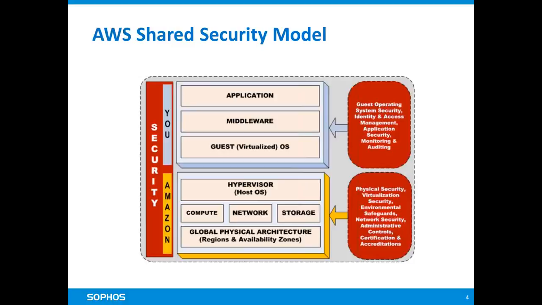It gives a lot of flexibility in that sense. But for customers, they need to realize that they still have a great amount of responsibility for securing their applications, understanding where their responsibility starts. And again, that's where Sophos can really help you out.